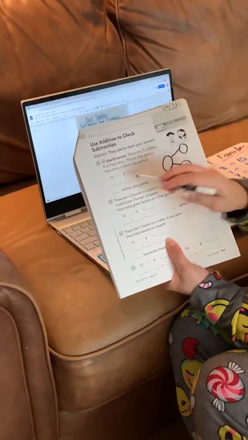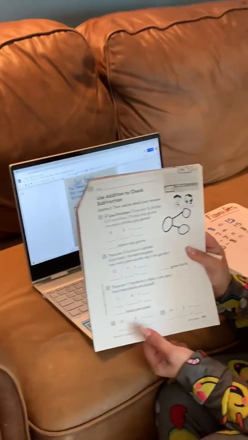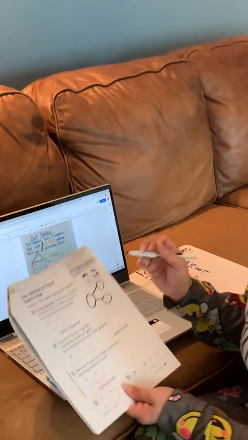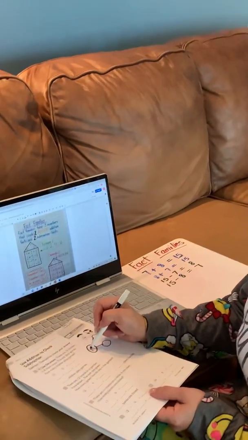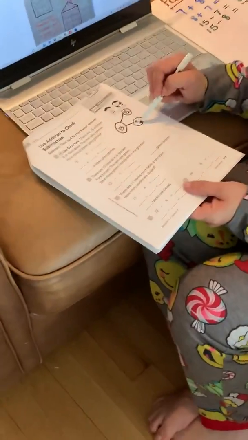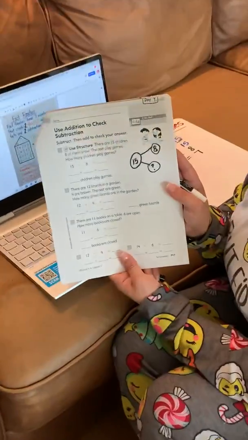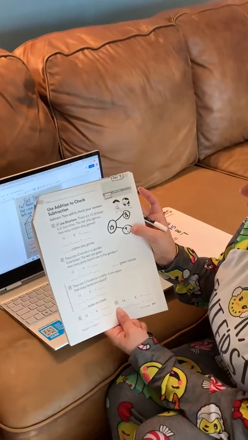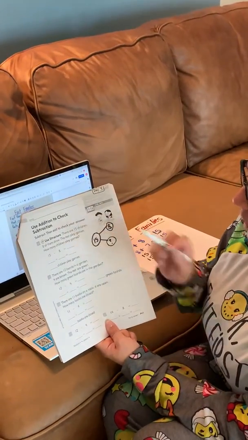And our whole is always going to be the bigger number. So I already noticed from the information I have here that 15 is going to be my bigger number. 8 is going to be one of my parts. And now I need to figure out what is going to be my other part. What is that other number that I need to get my answer?